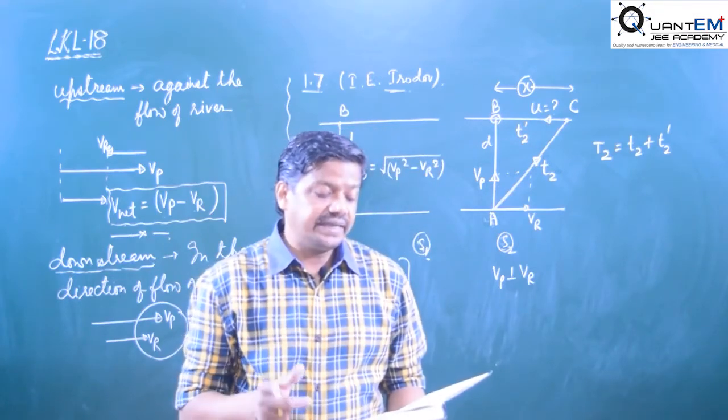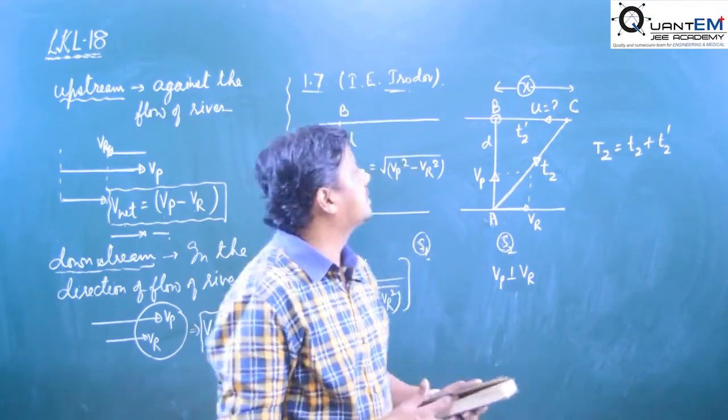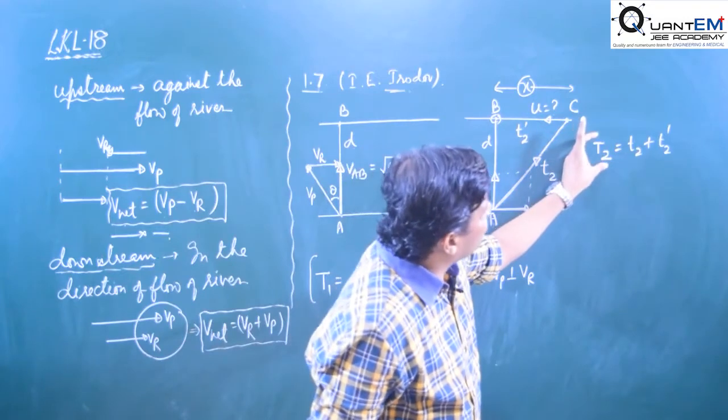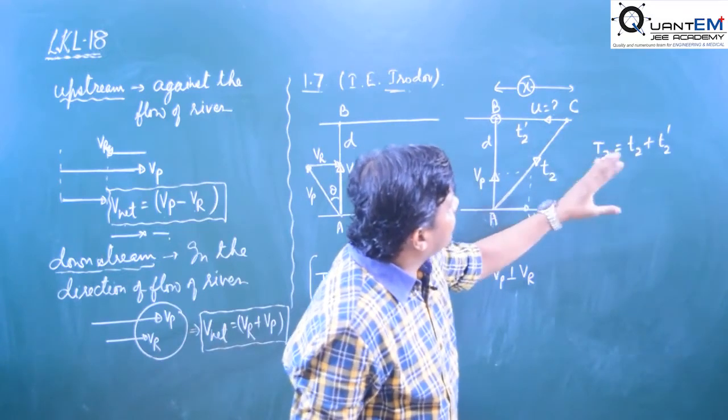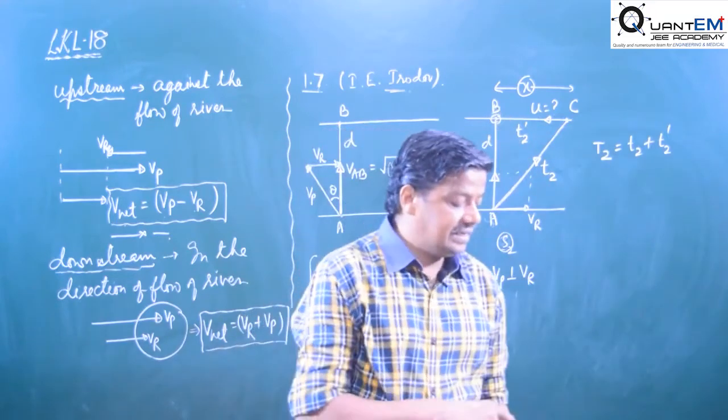If both swimmers reach the destination simultaneously, that is the given condition: the first swimmer takes time t1 and the second swimmer takes time capital T2, and these are equal because they have reached the destination point B simultaneously.